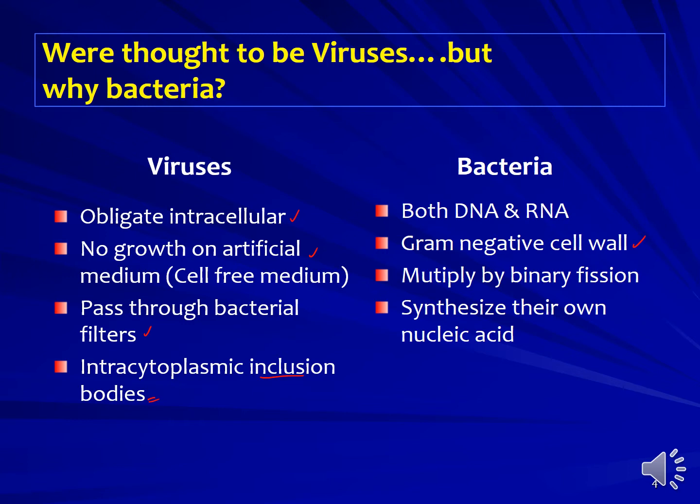They depend on the cells of the infected host, and chlamydiae are killed by antibacterial agents. Antiviral agents are not effective, whereas antibacterial agents are effective against this. That is why people consider them bacteria.